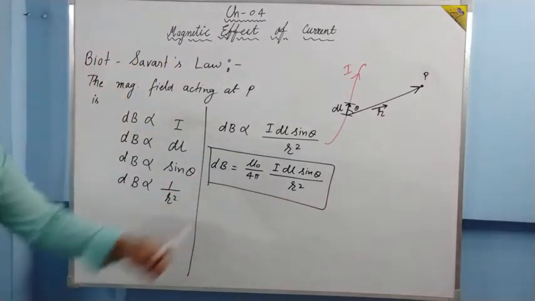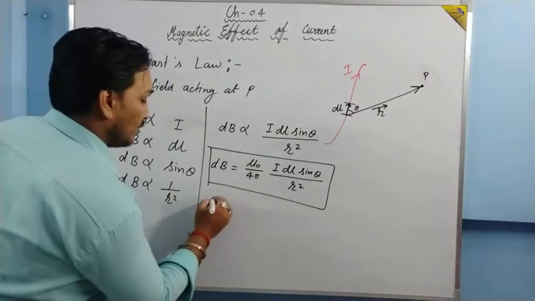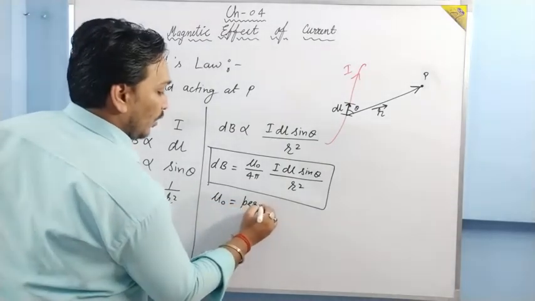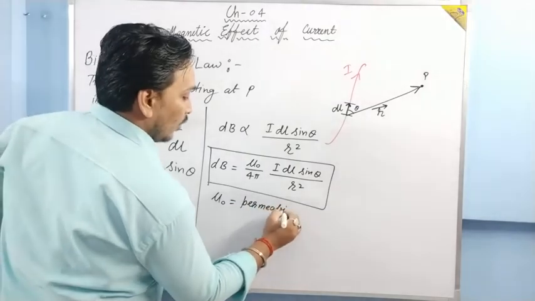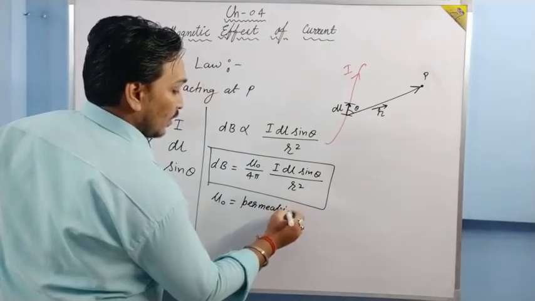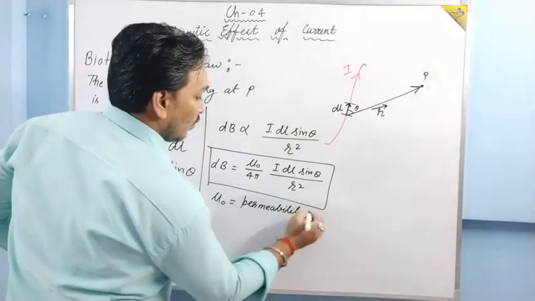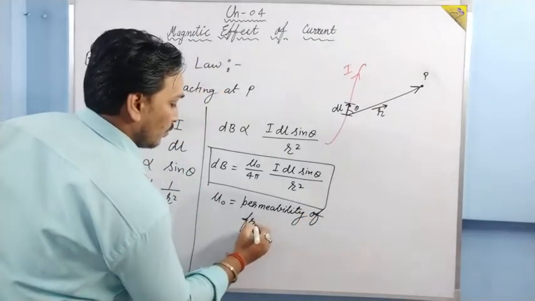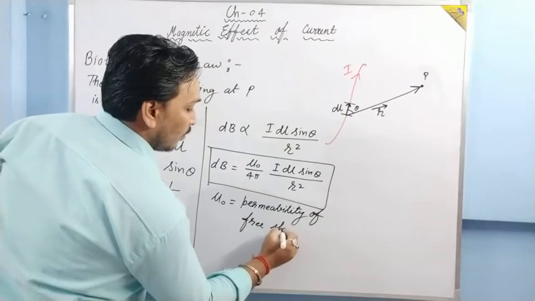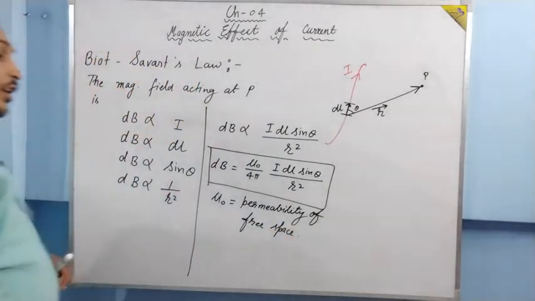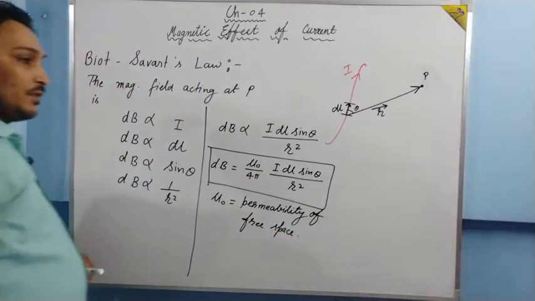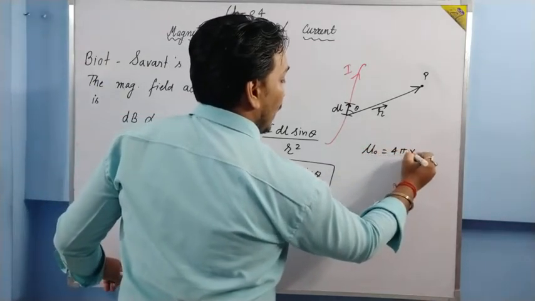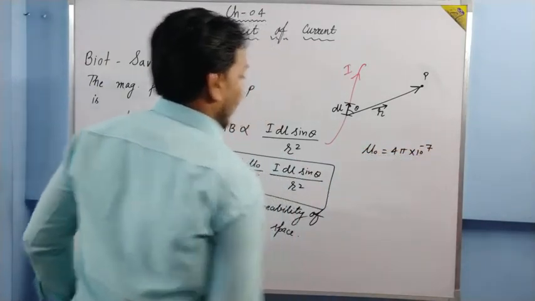Here we have used a new constant, mu naught. What is that mu naught? Mu naught is called the permeability of free space, and its value is 4 pi into 10 to the power minus 7.